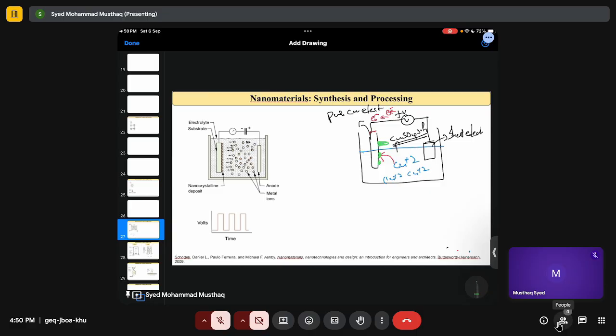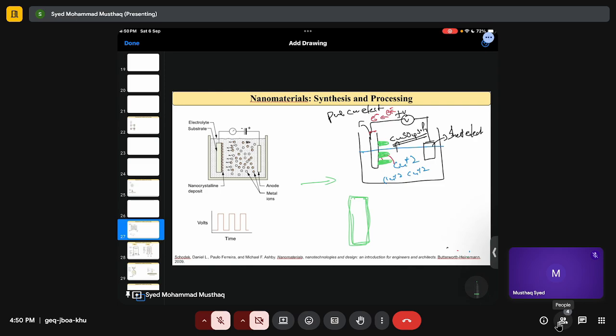And you will have a lamellar growth. Or you can form nanorods.